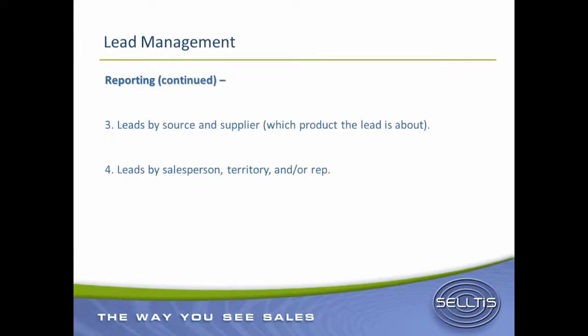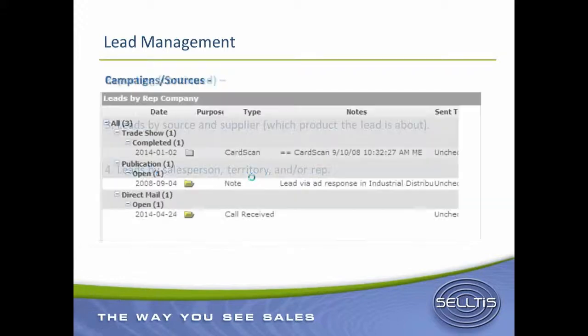Some variations of this might be leads by source and supplier. So for example, if we're tagging a specific product on a lead, then of course we can report on that product's supplier. If we are a manufacturer's rep ourselves, then of course we can break those down by a particular user, territory, rep, etc.